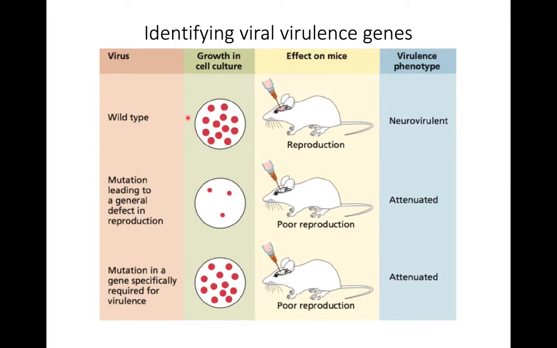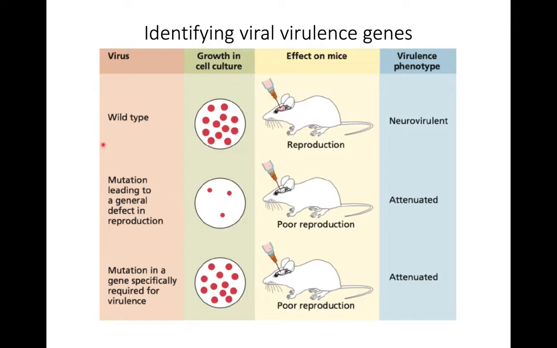So here on the top, we have what we call our wild-type virus. That means our normal virus, like we would see that normally causes disease. When we grow it in cell culture, it grows a lot. We have a whole lot of virus that comes out. And then when we inject that virus into mice, it replicates in the mice and it causes disease. And for our scenario here, we get neurovirulence. So the virus replicates in the brain and it causes issues with the brain.